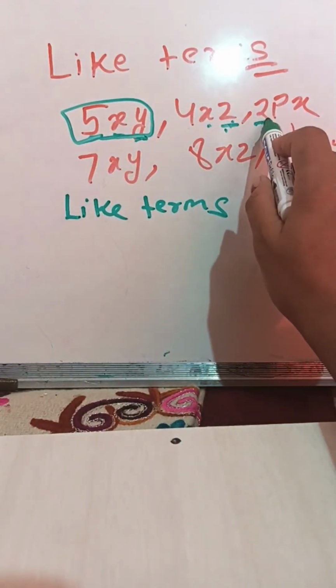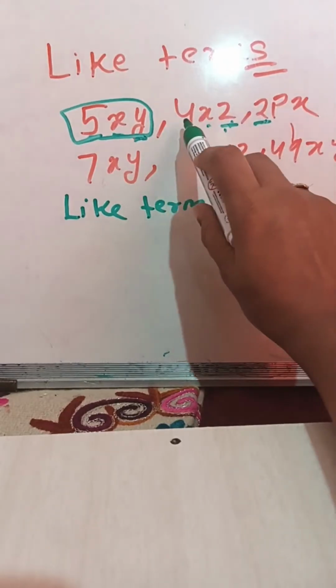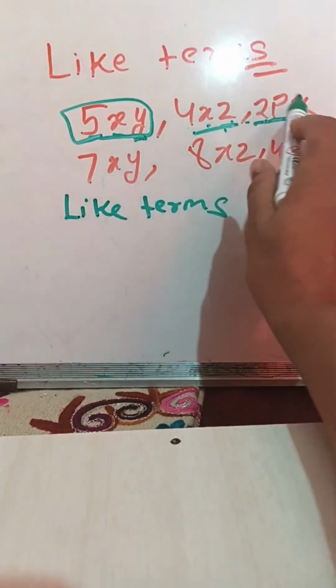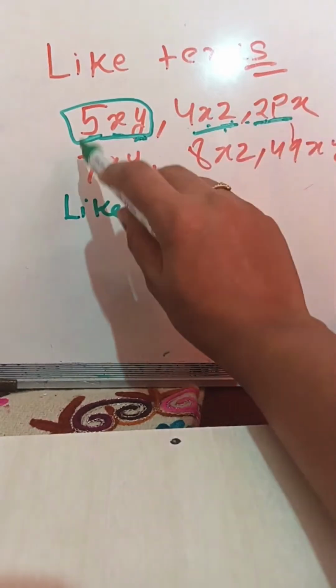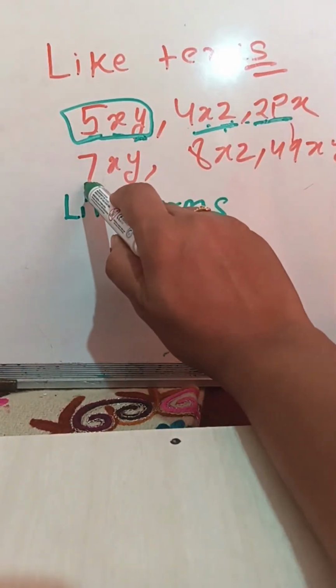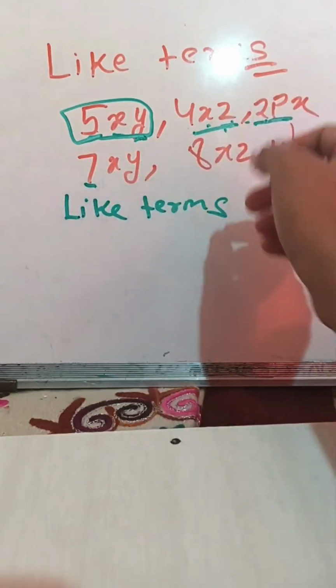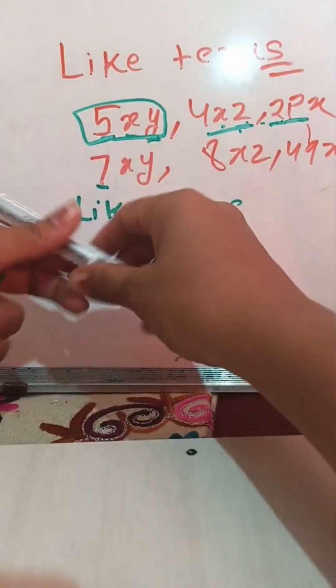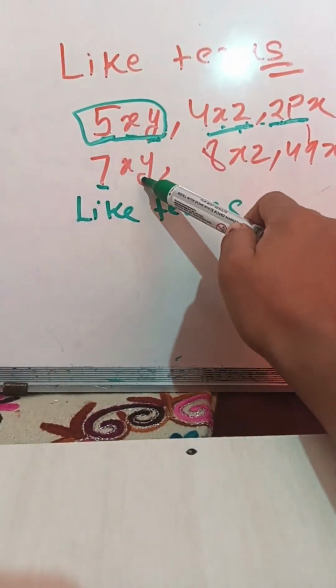Here we have 2, a constant, then p, but we don't have p in the others, so it is also not a like term. Again here 5 and here 7, both are constants. Here we have x, again x, and y and y.